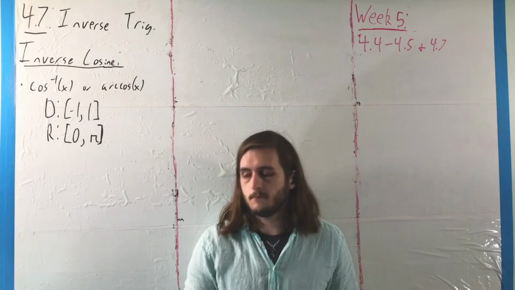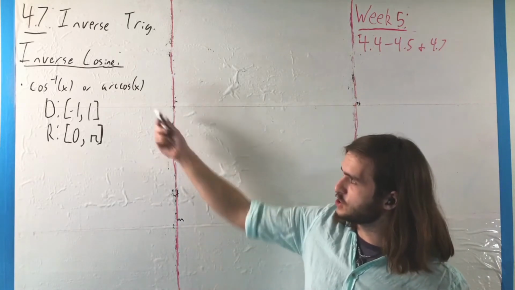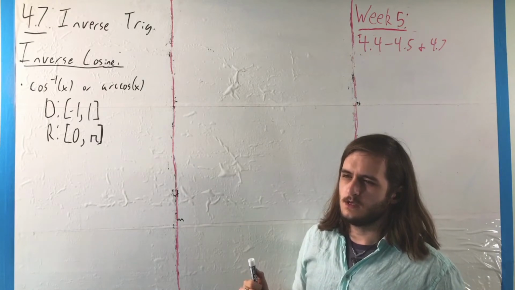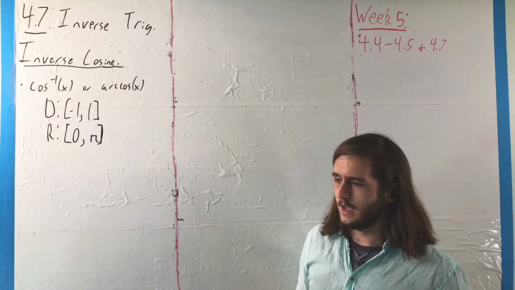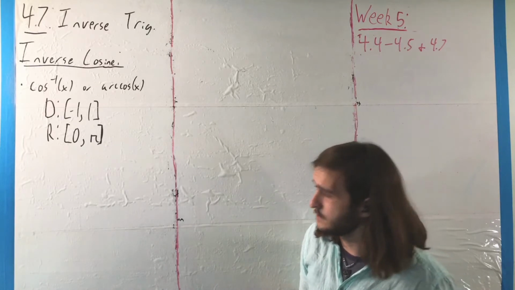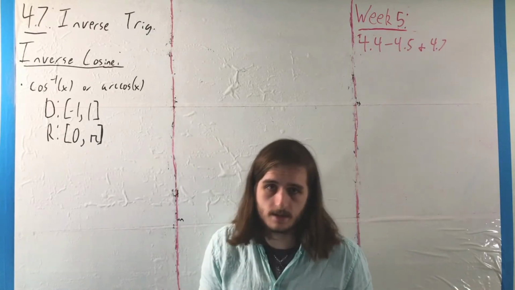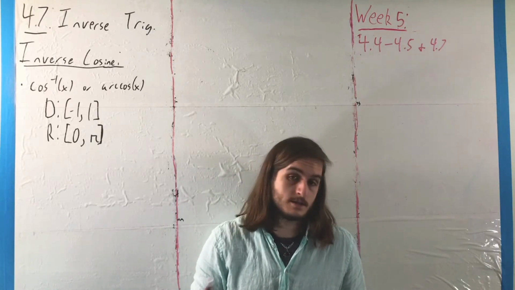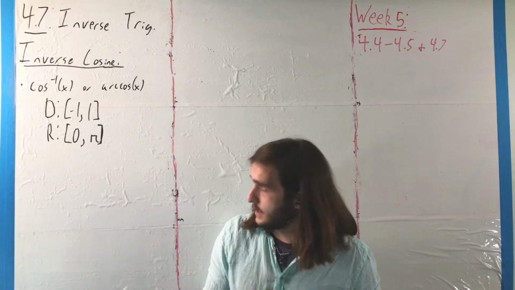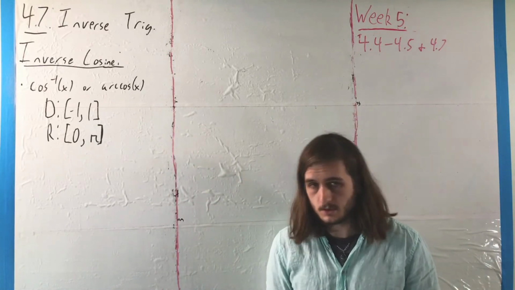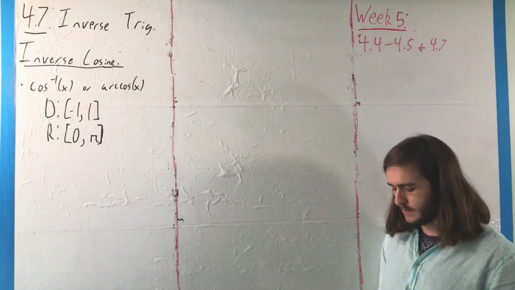And very importantly, we generally don't evaluate the inverse trig functions at angles, because the question that an inverse trig function asks isn't what does this angle do, it's where does this angle come from.